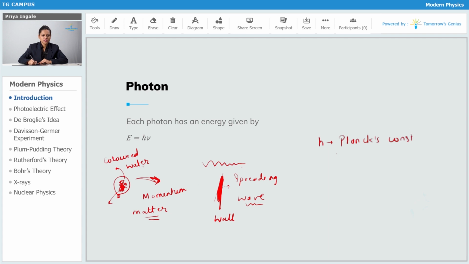Its value is 6.63 times 10 to the power minus 34 joule seconds. What is nu? Nu is the frequency of radiation, and we know that frequency is given by c by lambda. So, you can see this formula can be updated like this: h c by lambda.